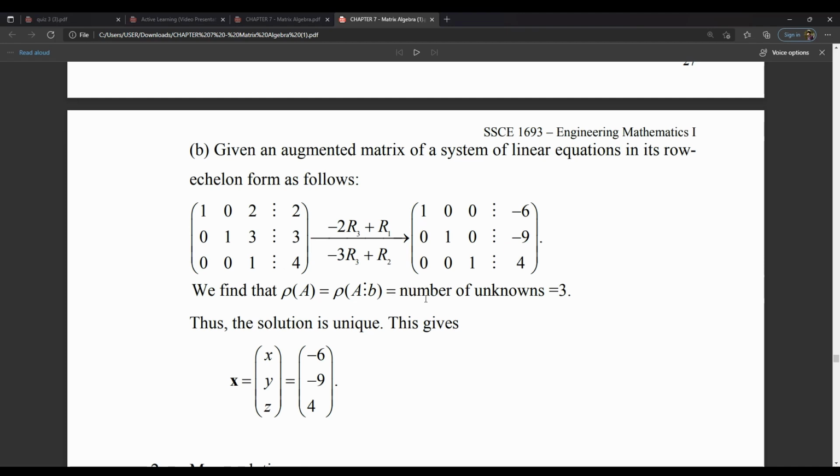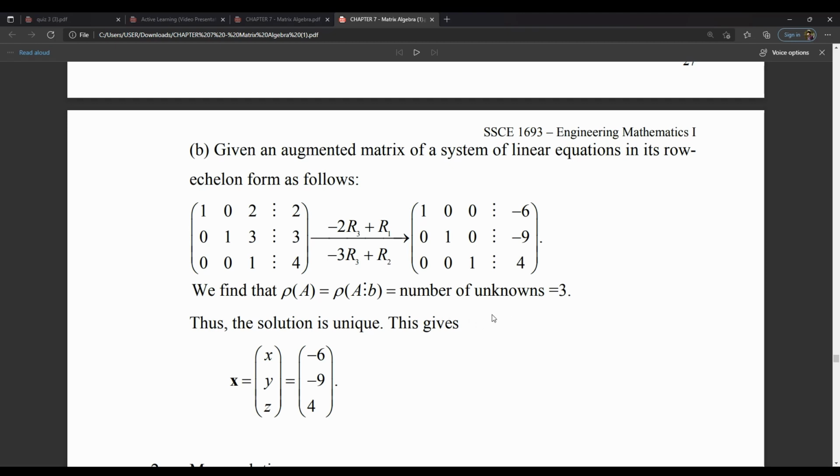Also the same as the number of unknowns, which is 3. That means the determinant of matrix A and the augmented matrix is rank 3, which is the determinant is not equal to 0.